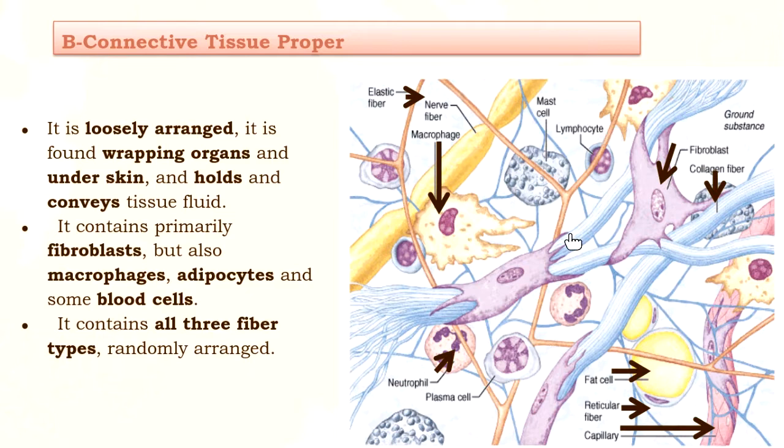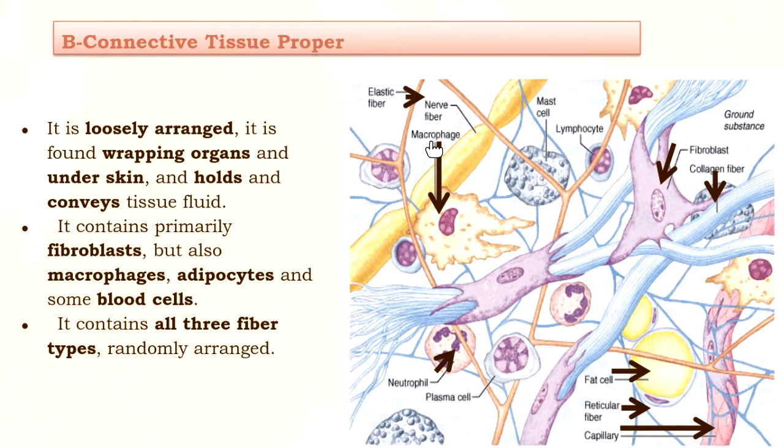Then you can see different types of cells. The star-shaped ones with cytoplasmic processes are the major component of the tissue, that is the fibroblast. We will study these in detail. It contains primarily fibroblasts. See here, the black arrow is showing the fibroblast. The macrophages, you can see the macrophages here. This is the macrophage.